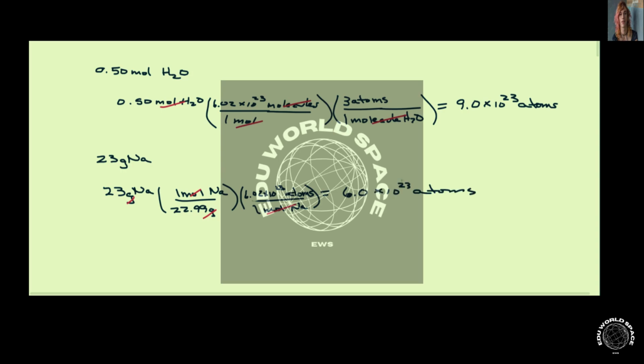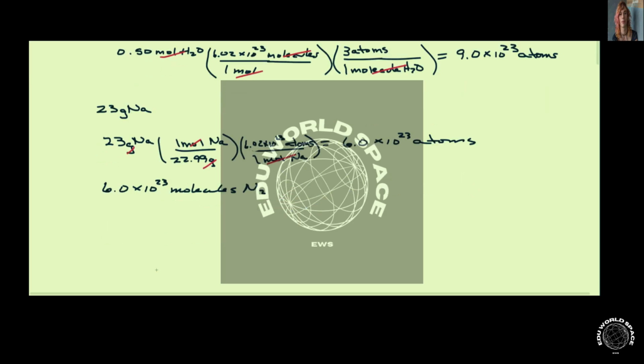So far the water is in the lead, but let's take a look at 6.0 times 10 to the 23rd molecules of N2. Oh, well, look at that, N2. There's 2 atoms of nitrogen in N2, so we're going to have to take our 6 times 10 to the 23rd molecules of N2, and we have to convert it to atoms.